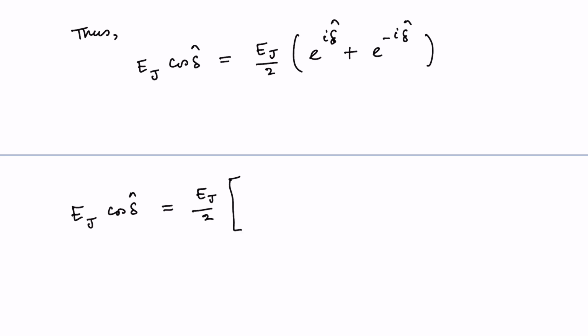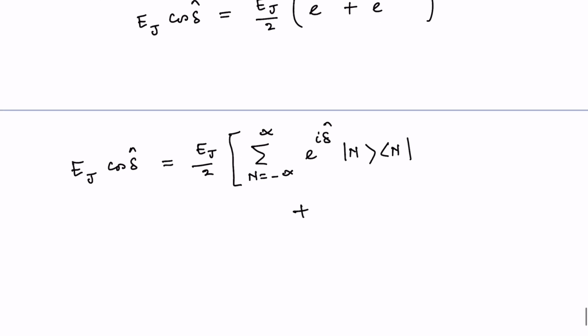Now I have e to the power i delta cap, that is, the sum over n from minus infinity to plus infinity of e to the power i delta cap, ket n bra n, plus n from minus infinity to plus infinity.